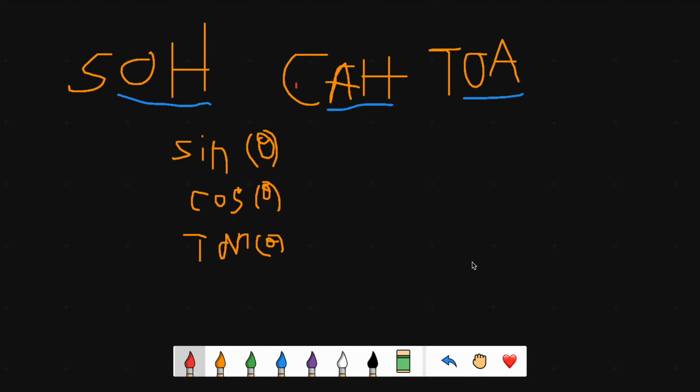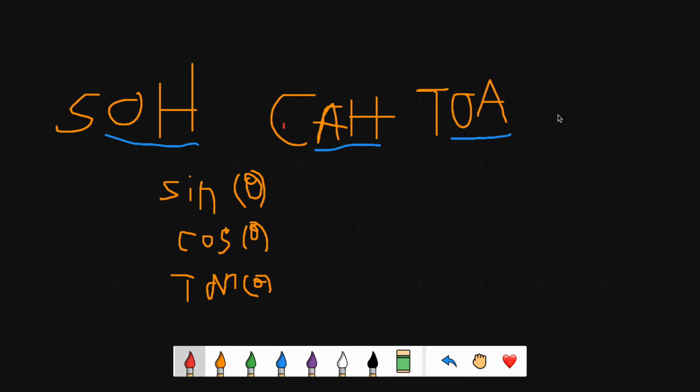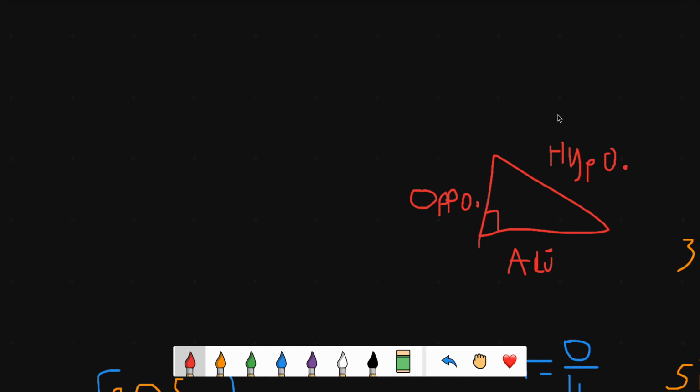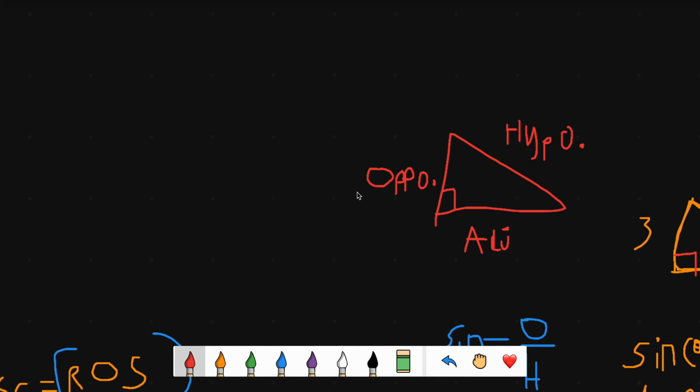So actually, sine means opposite over hypotenuse in a triangle. Cos is adjacent over hypotenuse. And tangent is opposite over adjacent. Let me go here. Remember this: the vertical line in this triangle is called the opposite.